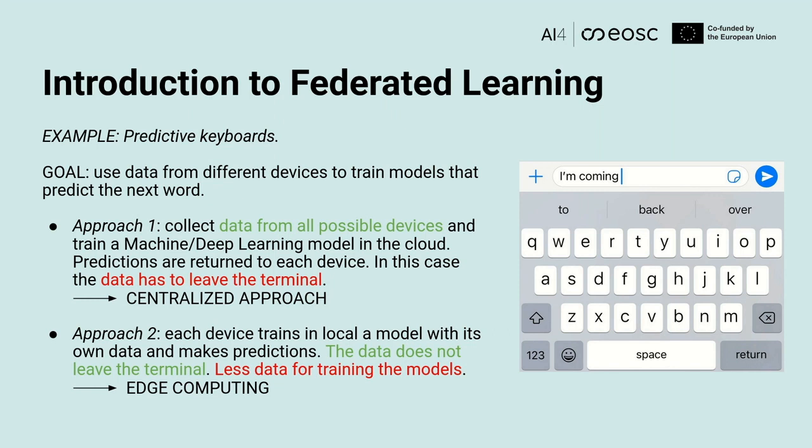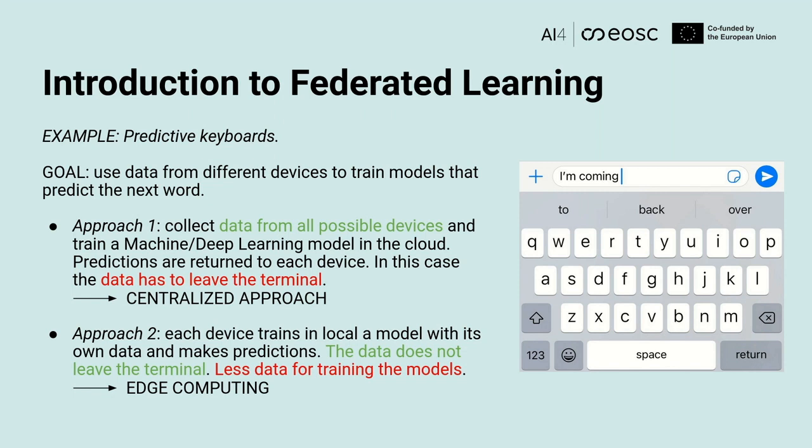Let's imagine that we are data scientists and we want to build this kind of deep learning model for having predictive keywords. We all know that when we are trying to develop a deep learning model, we need to use as much data as possible. So our first approach is the most widely known, which is the centralized one, in which we are going to collect all data from all possible devices, and then we are going to train a machine or deep learning model in the cloud, in a central server, with all the data available.